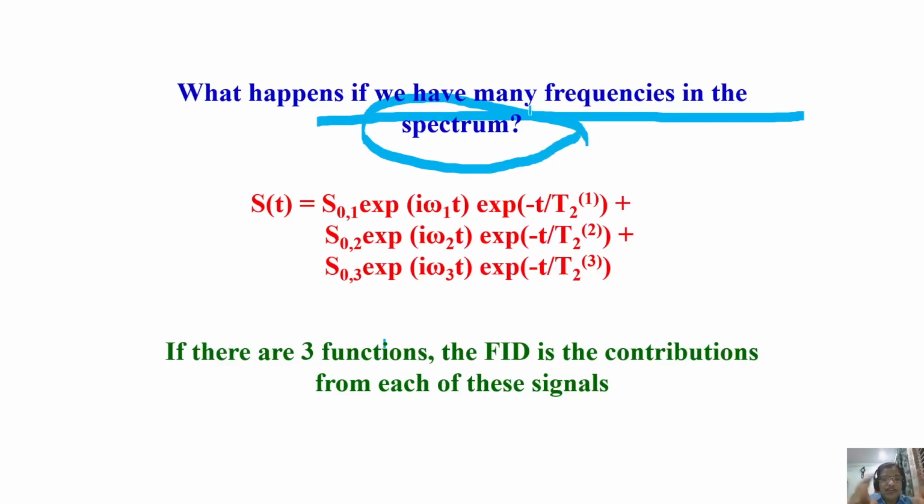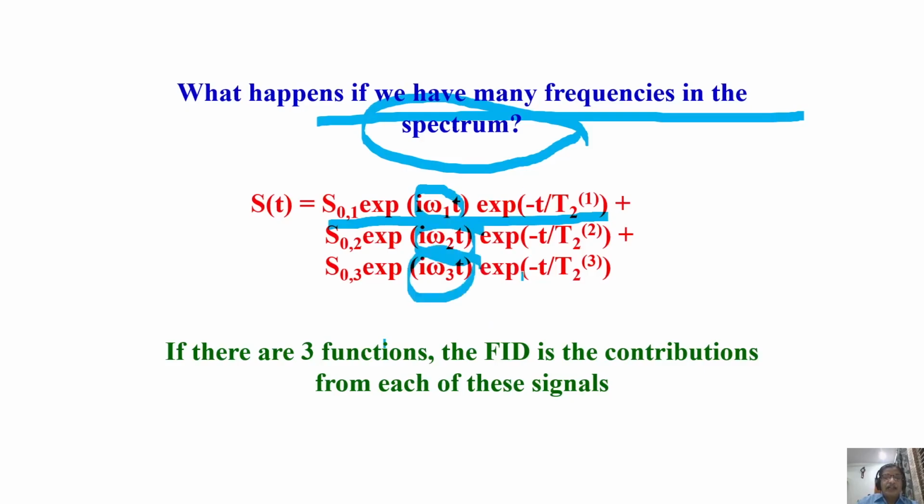Write down, let us say we have 3 frequencies in the time domain. We have worked out this example. Signal S(t) as a function of T2, it is decaying. We wrote this expression. Now let us say this is for frequency 1. I have another time domain signal with the frequency omega 2, one more peak, and one more peak.